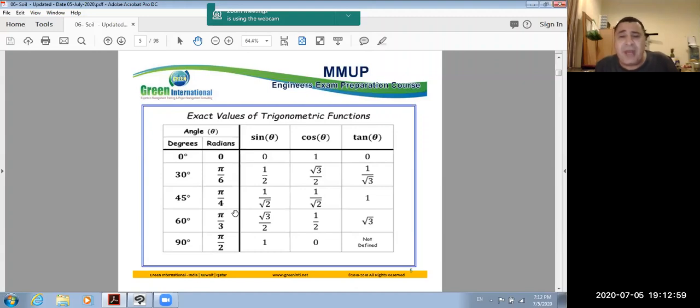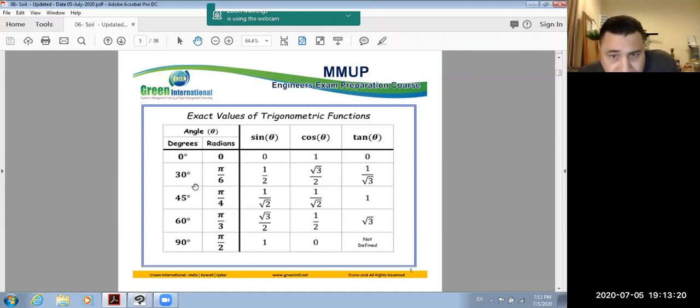This is very important in your exam. You are not going to panic, especially when you have inclined forces and you need to decompose them into two directions, X or Y direction. That's really what we need to know. We need to memorize all of these exact values of trigonometric functions.